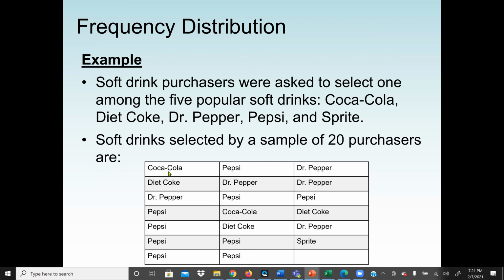The first customer bought Coca-Cola, second Diet Coke, then Dr Pepper, Pepsi. So now if I want to know how many customers bought Pepsi, I need to count them. And this may take a long time, especially here we have only 20 purchases. So imagine if we have 1,000 purchases, we don't want to count all this.